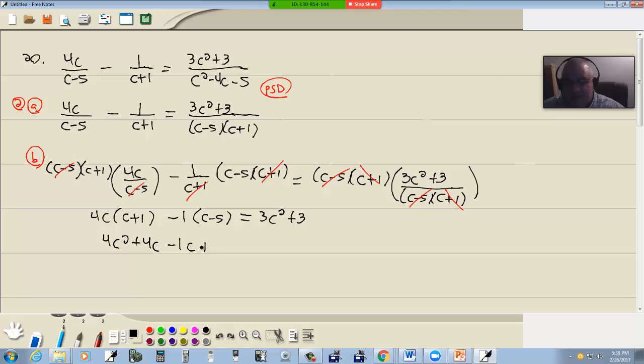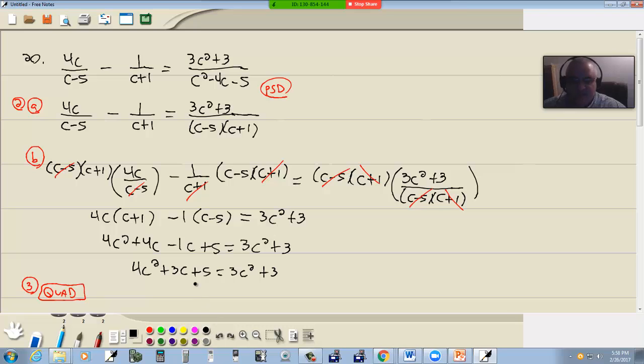Negative 1 times negative 5 is a positive 5. Equals 3c squared plus 3. 4c minus 1c is 3c, plus 5 equals 3c squared plus 3. And now we're at step 3.